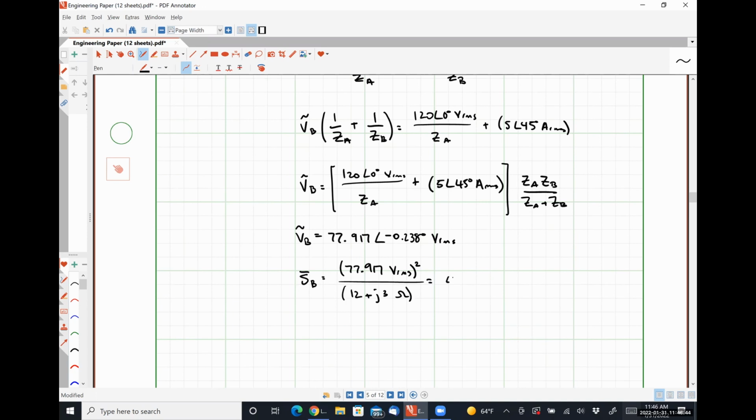Which I get to be 490.813 angle negative 14.036 degrees volt amperes, or in rectangular form, 476.158 minus J119.040.